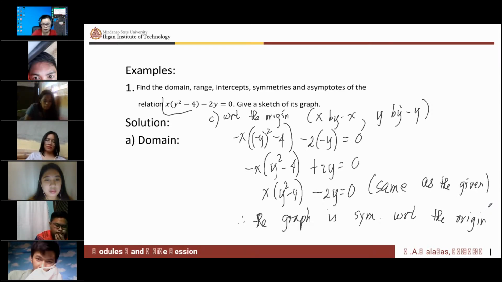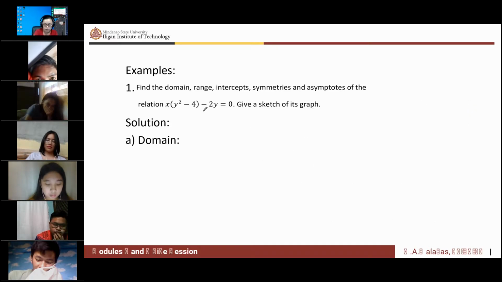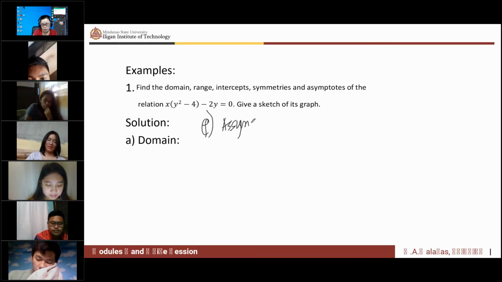Now we look at the asymptotes. Letter E, asymptotes. How do we do it again? First we have the vertical asymptote, which we write as VA. For the vertical asymptote, we look at the equation from earlier when we solved for the domain.